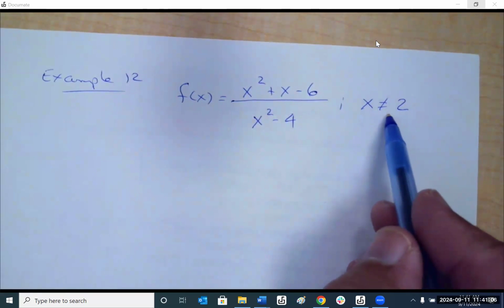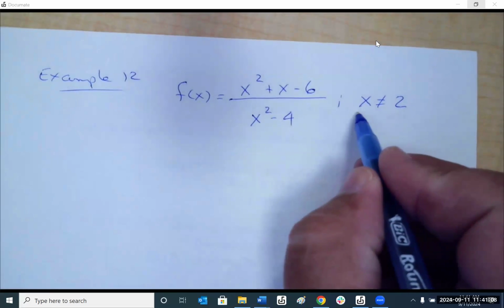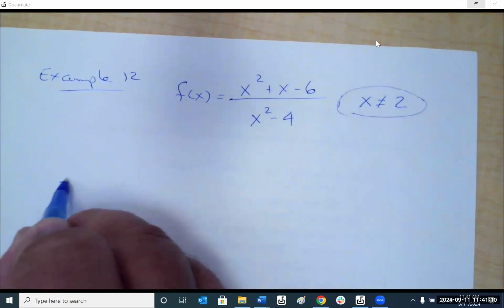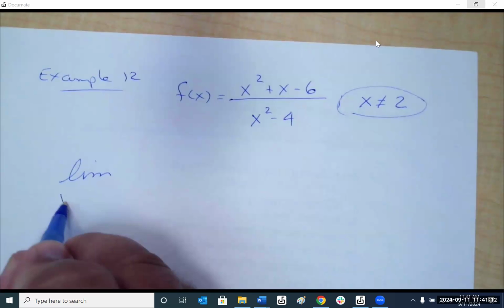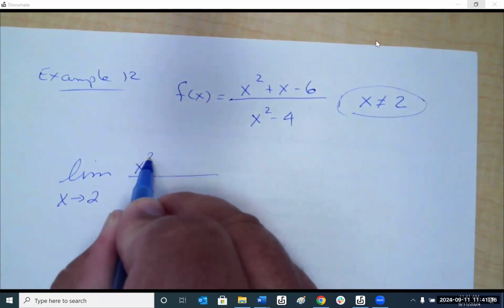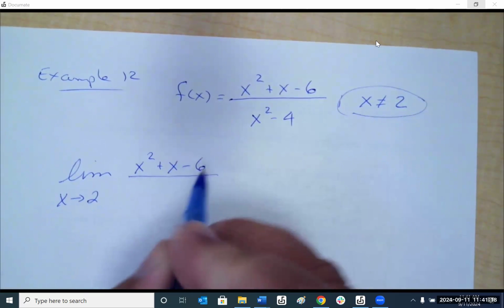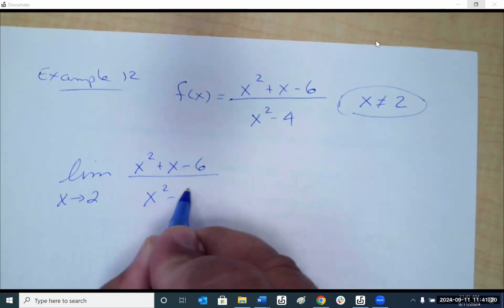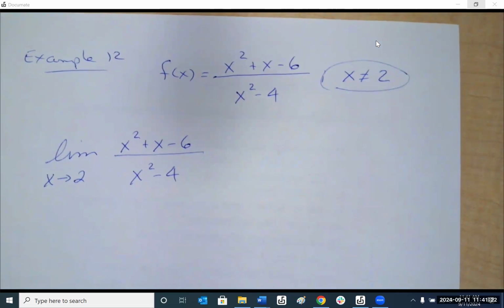Okay, let's first look at what happens. But since we can't use that, what would happen as we approach 2? Remember, for a limit value to exist, it doesn't have to exist at that point. It simply has to approach it.